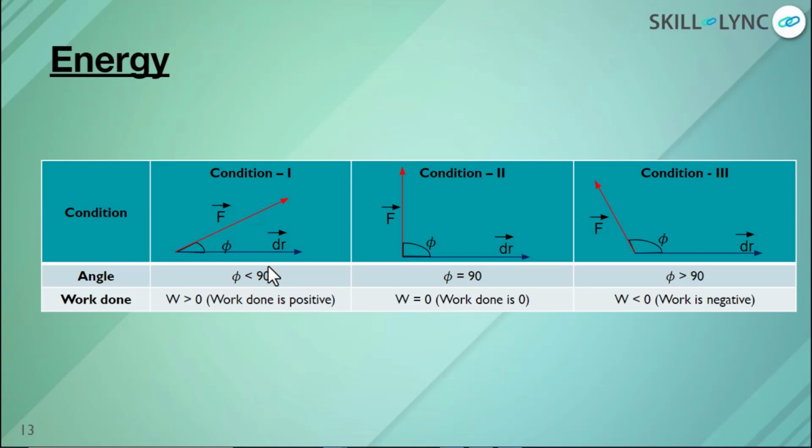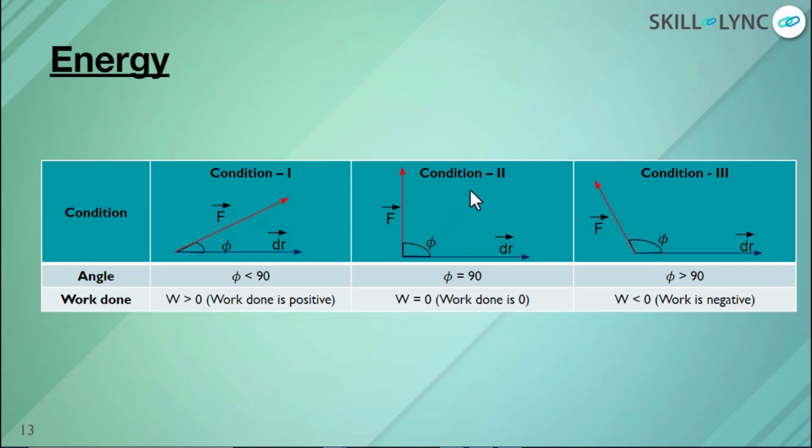As we already know, work done is Ft cos phi, as we have studied earlier. Therefore, the value of cos phi would be positive whenever the angle phi is less than 90 degrees, since cos 90 is 0. Thus, when phi is less than 90, cos phi is always positive. Therefore, work done would always be positive.